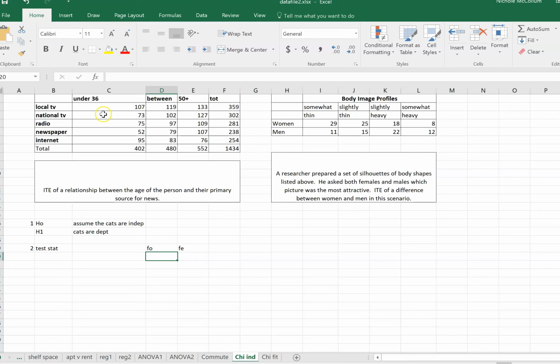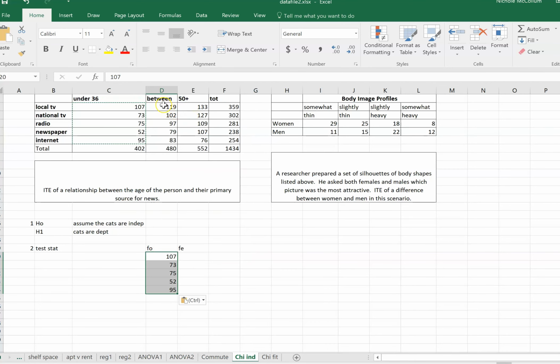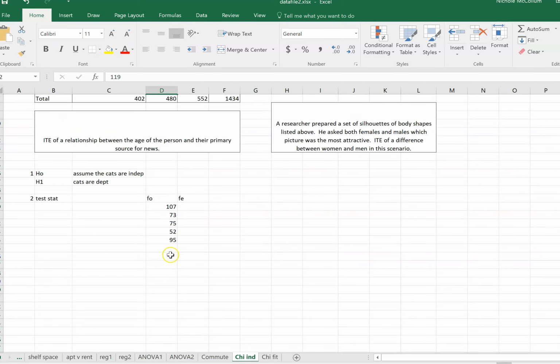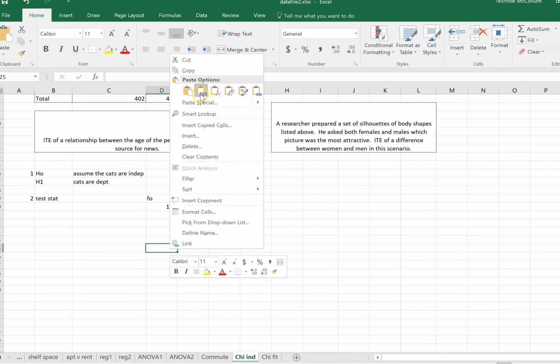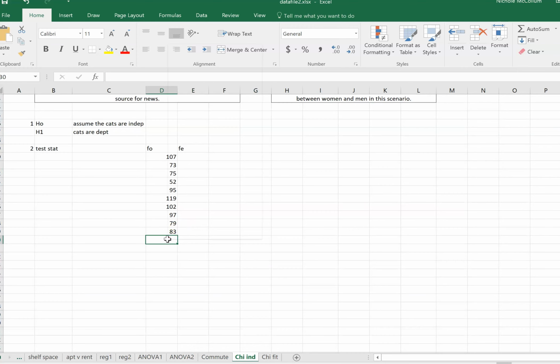So what I'm going to do up here is copy down my observed values in a very particular order. I know the first 5 are all about the age of under 36, the next 5 are all about the age between, and then the next 5 are all about the age of 50 plus.